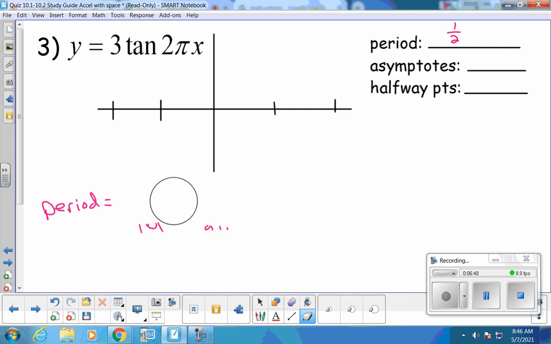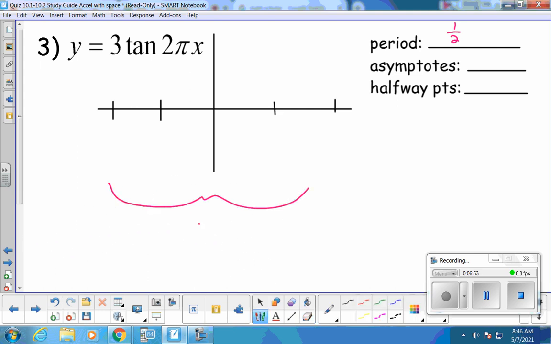And let me label where a period would go. A period would go from the first asymptote to the second asymptote. So you have to cut the period in half to get the asymptote labeled. What is 1/2 cut in half? 1/4. So negative 1/4 and positive 1/4 are my two asymptotes. Now notice I'm putting x equals because they are vertical lines.